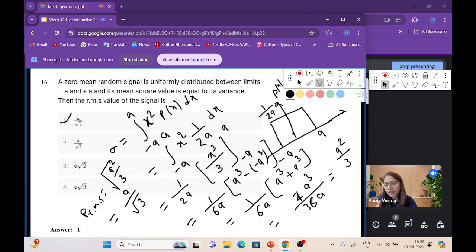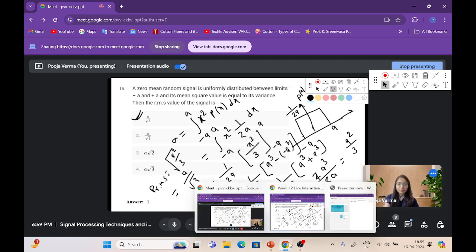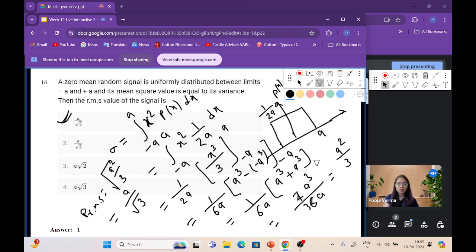Option A is the correct answer for this question, a by root 3. I hope you understand this. Can we move to the next question? Okay, thank you.